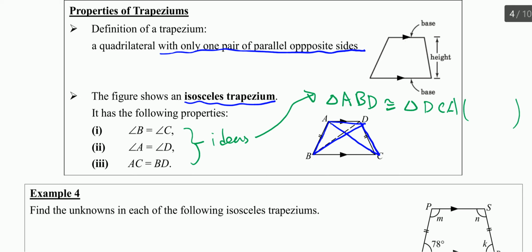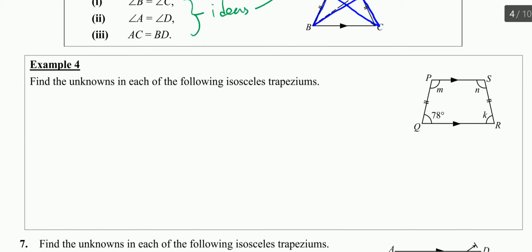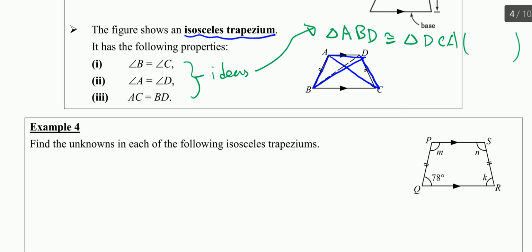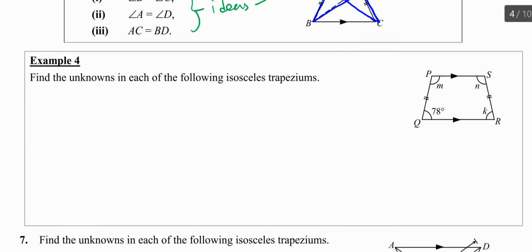Let's move on to the other examples. For example 4, you want to find the unknowns for the isosceles trapezium. We can refer to our properties: angle Q must equal angle R, so k is 78 degrees.